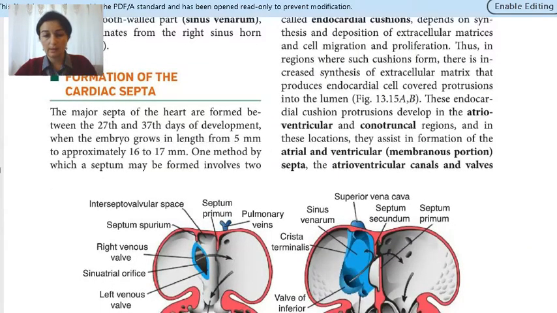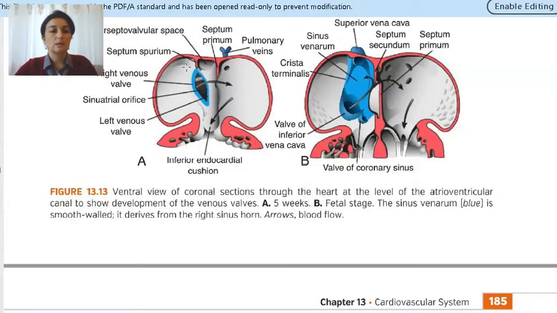Let's look here. Here we can see that the initial part of the sinus is incorporated into the atrium, and finally that is the incorporation of the sinus horn, the initial part of the sinus, into the right atrium.